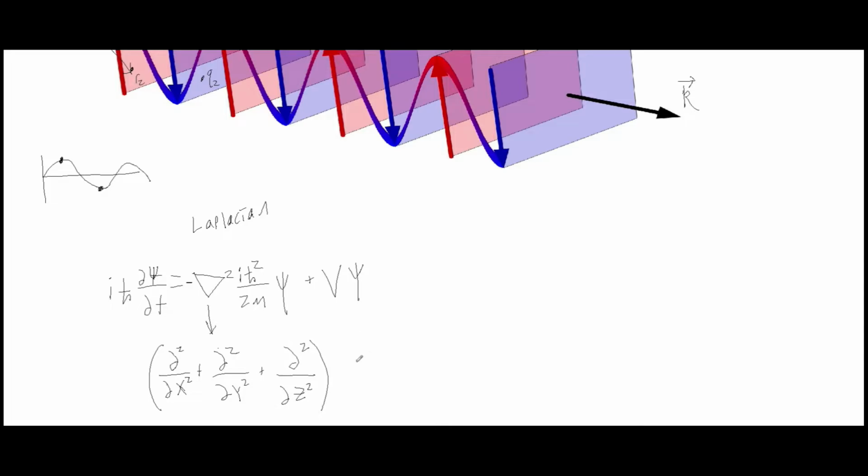And so this is what that is, and then we have that acting on our wave function here, and we still have our i h bar over 2m. That should be squared there, and we could add in our potential here.